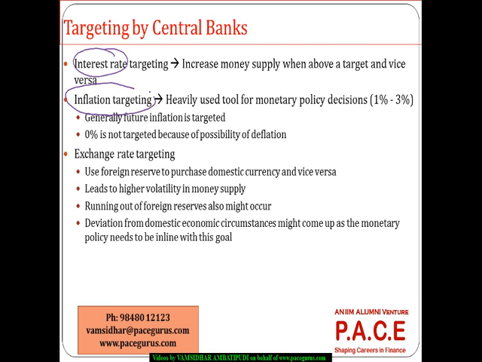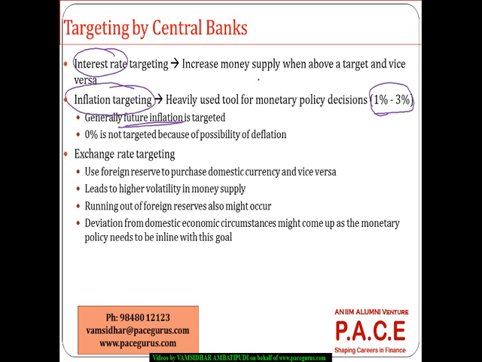But the most common mechanism we see in today's world is inflation targeting. They try to set the inflation in the range of 1 to 3%, and generally it's the future inflation, not the current inflation, because current inflation is coming from various activities that were implemented in the past and they cannot change those, so they don't work on the current inflation levels.